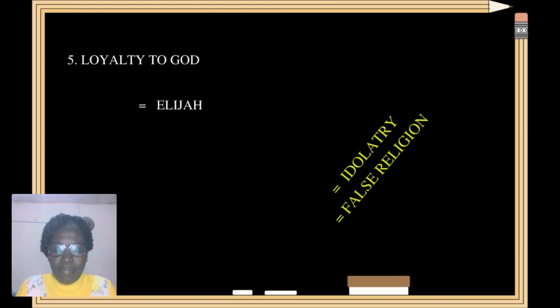And how did Elijah tackle them, either the question of false religion or even the question of corruption? Very, very important. We also look at the lessons that we can learn from the topic of loyalty to God, and even in the lessons, we are also looking at the application.